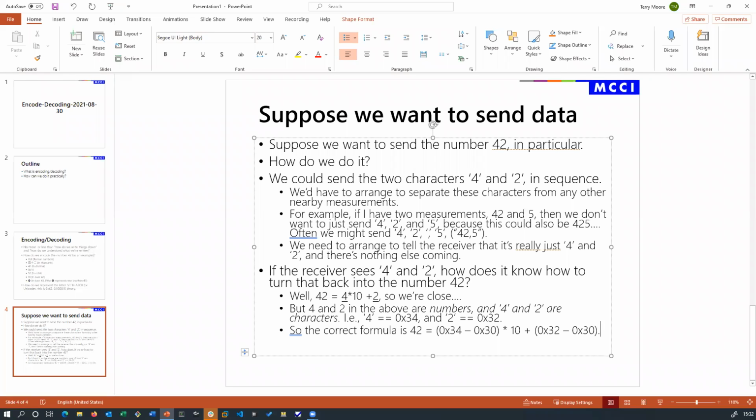A formula like this is often hidden in a macro that turns a character into the equivalent digit, a macro that might be called something like 2-digit.